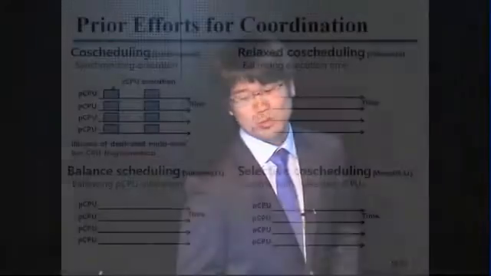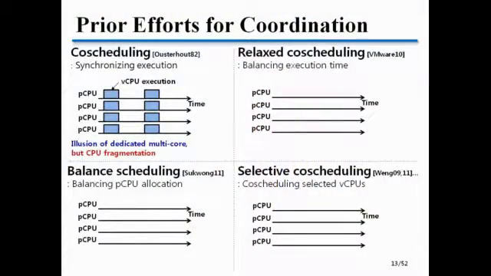First of all, like you said, coscheduling or gang scheduling provides the illusion of a dedicated parallel machine by tightly synchronizing the execution of sibling vCPUs. But it's well known to be impractical because of the CPU fragmentation problem.